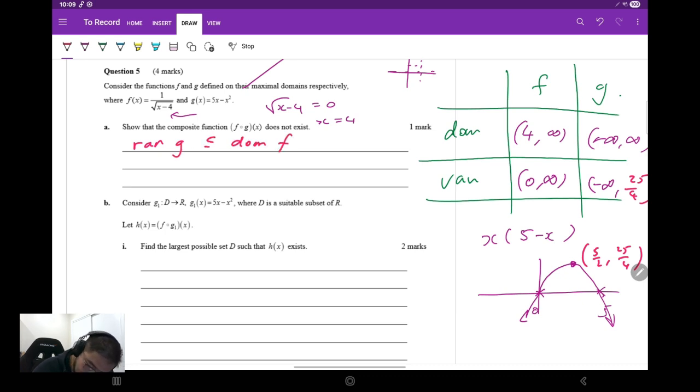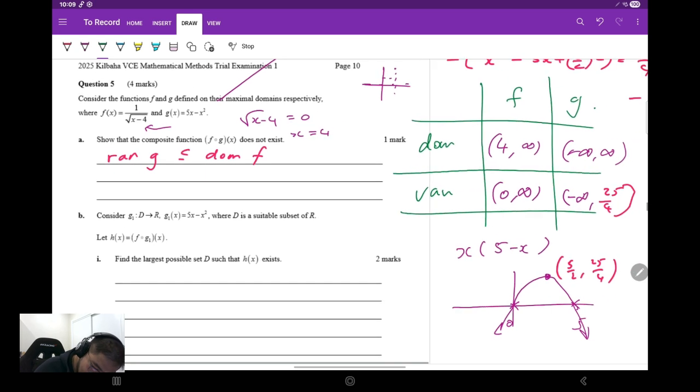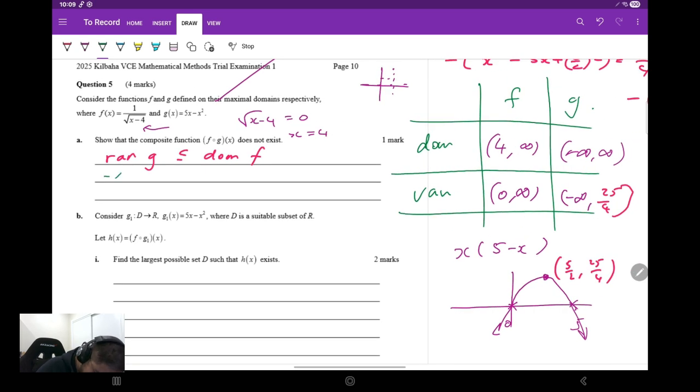The range of g is negative infinity to 25 on 4. Is that a subset of the domain of f? The domain of f is 4 to infinity. So it's not a subset. Therefore, fog does not exist.